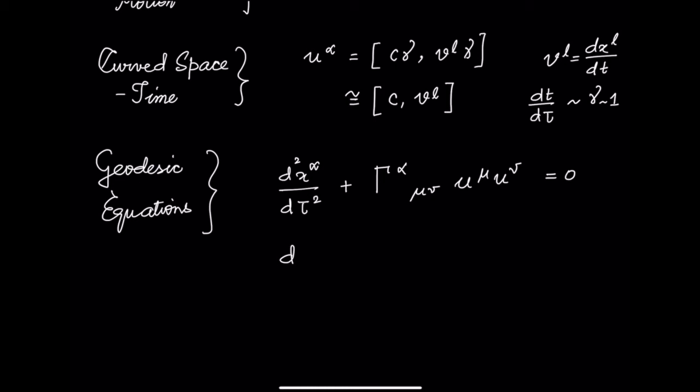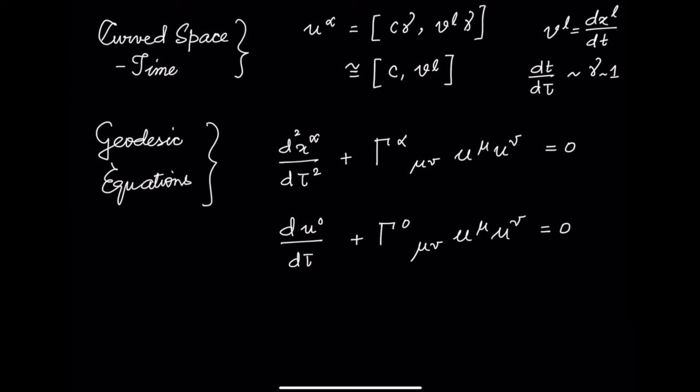The time part I can write this way: du0 d tau plus gamma 0 mu nu u mu u nu equals 0.